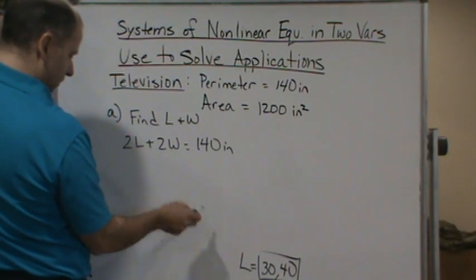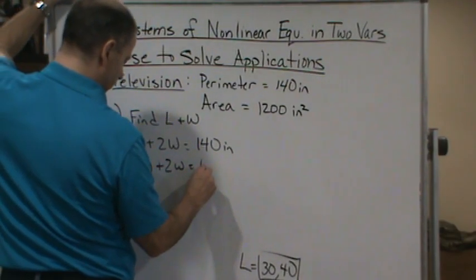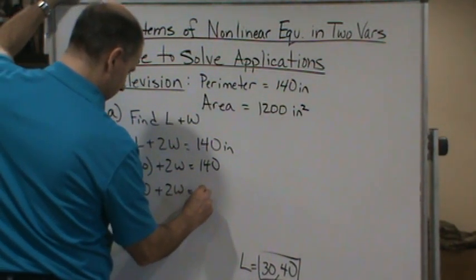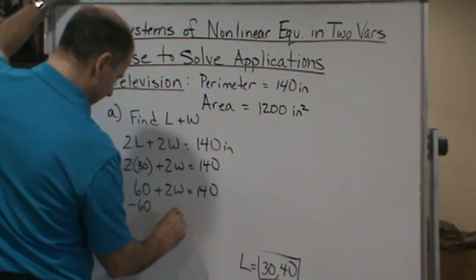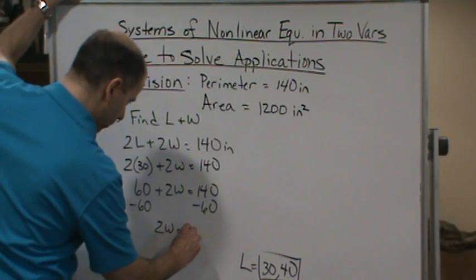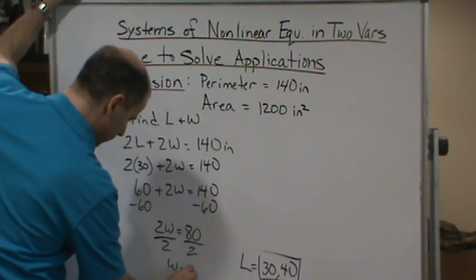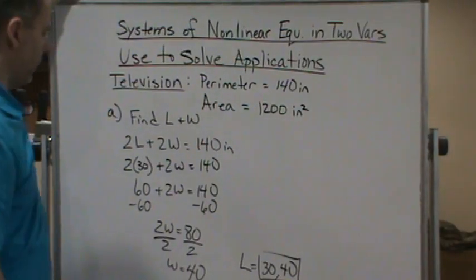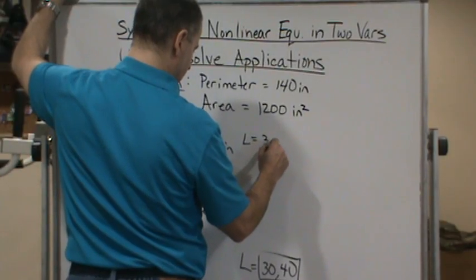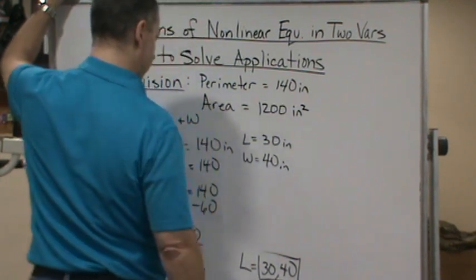If I say L is 30, then 2 times 30 plus 2W equals 140, so 60 plus 2W equals 140. If I subtract 60 from both sides, I get 2W is equal to 80, and then W equals 40. So there you go. The length is 30 and the width is 40, and those are in inches.